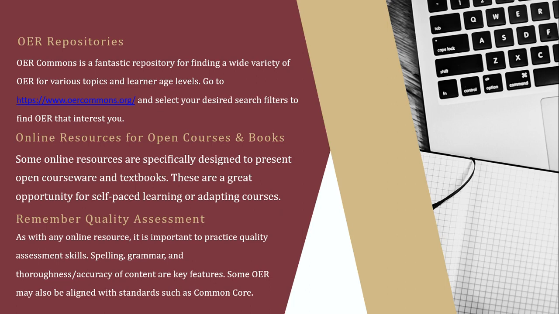Sometimes they're even differentiated by the standards that they meet. So, for example, you may have a material that has been specifically aligned with Common Core standards, and that is a filter you can choose. One really good website for this is oercommons.org, and this will take you to a really fantastic broad variety of OER that you can search and filter to your heart's desire.